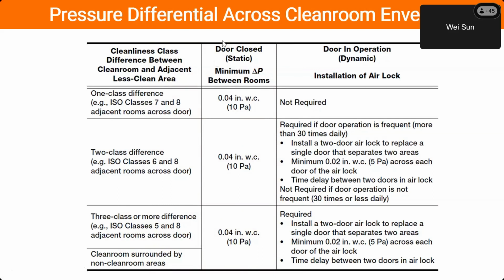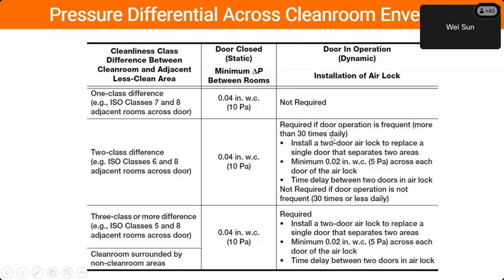This is for the door closed condition, so we call it static control. And when the door is in operation, because you would have one class difference, airlocks are not required because the particle migration could be minimum. Now if you have a two class difference, let's say ISO 6 versus ISO 8, you still need to have a 0.4 pressure differential, but an airlock may be required.